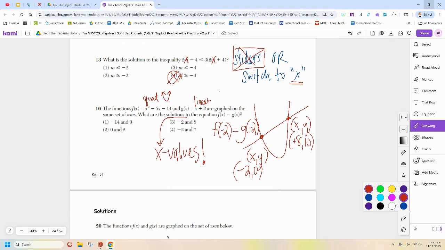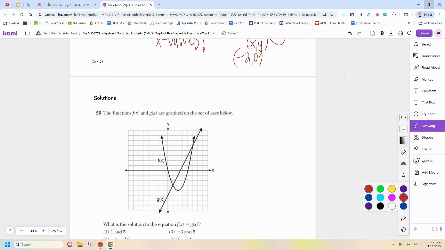So we're looking for the one that has -2 and +8, and it's going to be choice 3. All right, so the thing that would be rough is going for like the 14 and the 0. I don't know, these other choices are kind of whack to me. So it is the x values. We see that often. All right, let's go and do another question.